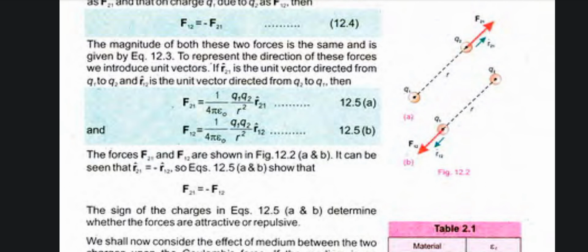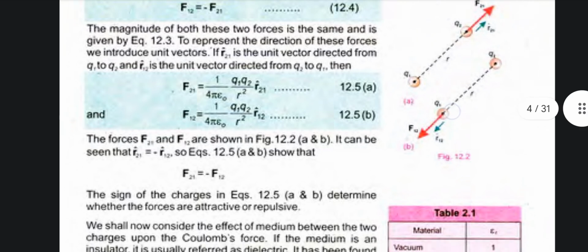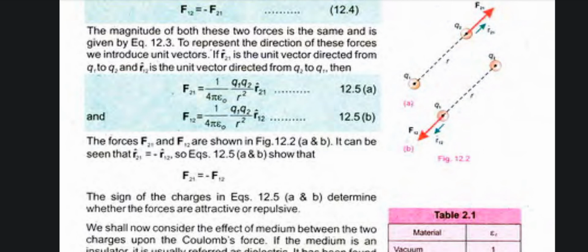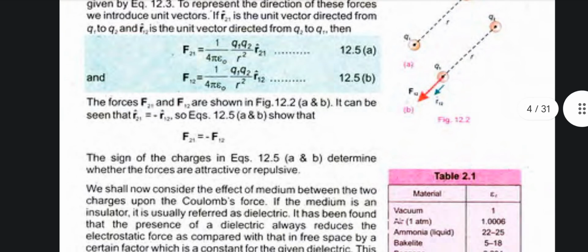To represent the direction of these forces, we introduce unit vectors. If R21 is the unit vector directed from Q1 to Q2 and R12 is the unit vector directed from Q2 to Q1, then F21 becomes 1 upon 4 pi epsilon naught Q1 Q2 upon R square R21.